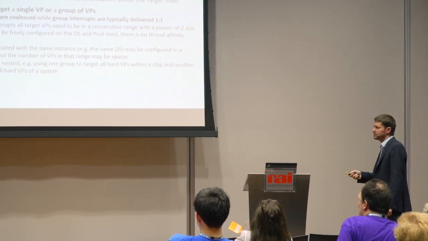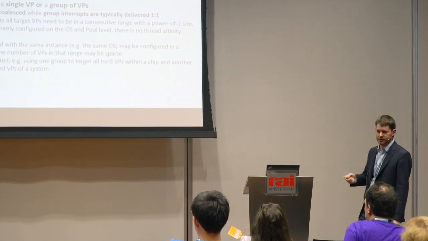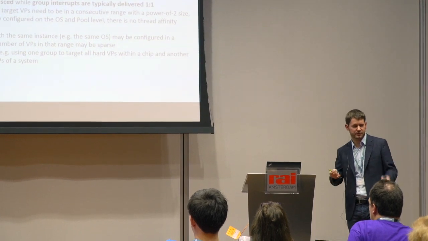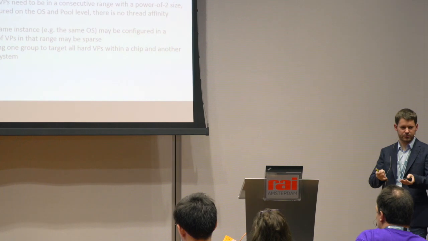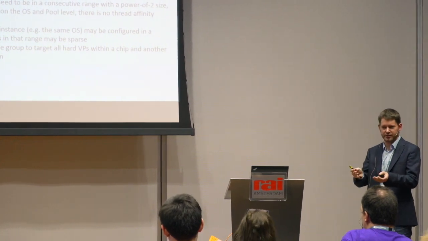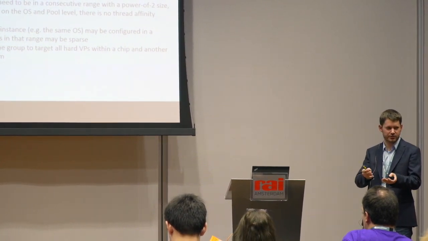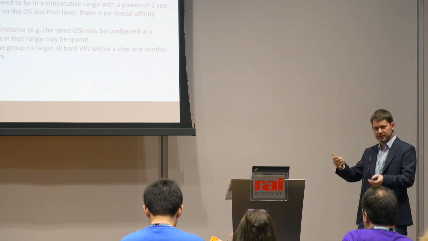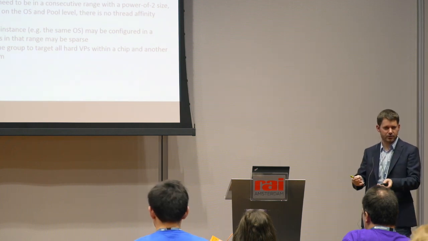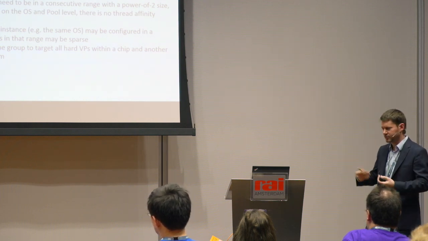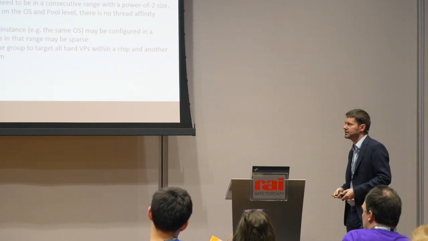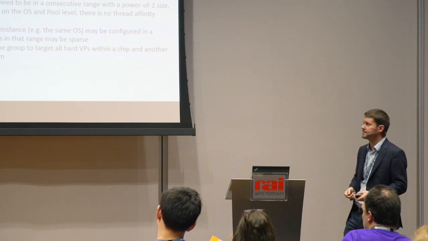And actually what you can also do is nest interrupts. So for example, on the hypervisor hard level, you could say, I have one group that targets any physical thread on one chip, and then if I don't find anyone that can currently service my interrupt, I can escalate and interrupt all the physical threads in the system. So just to be able to more quickly adapt to scheduling needs.